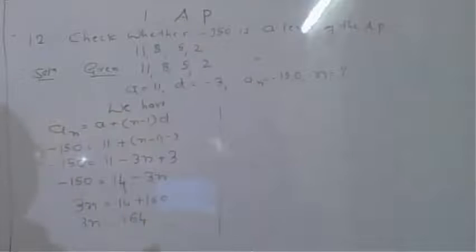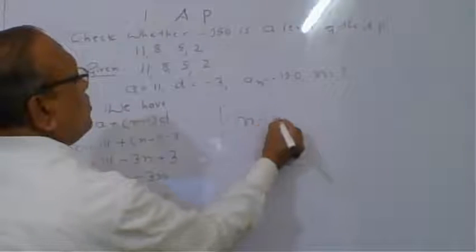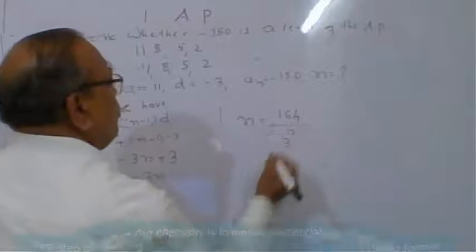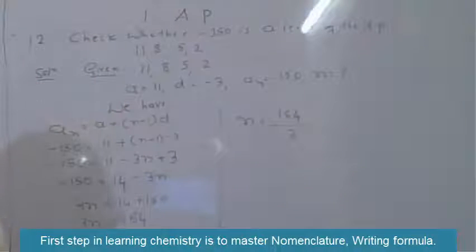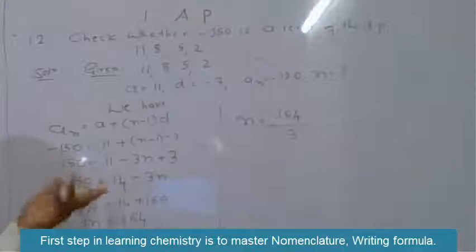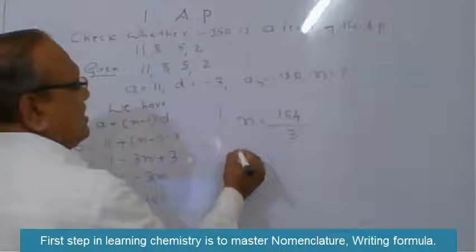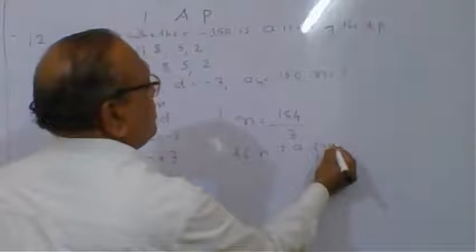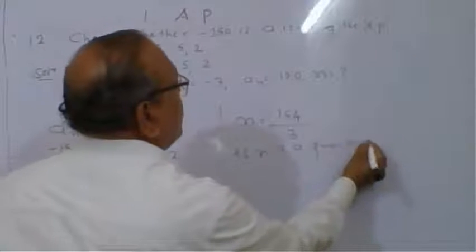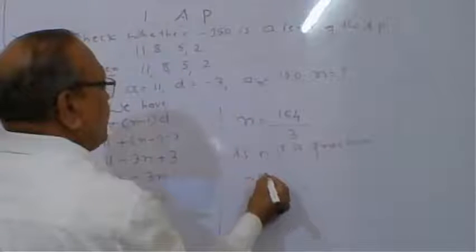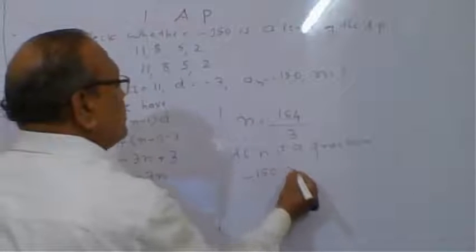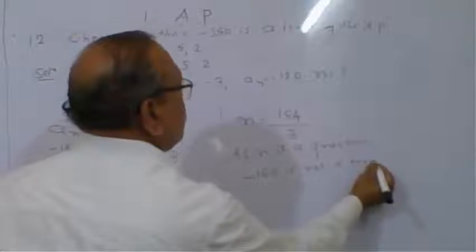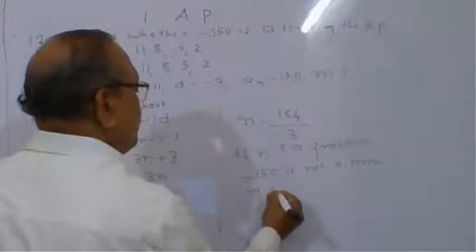Then n is equal to 164 divided by 3. Can you cancel and get a whole number? No, it is not divisible. Therefore, as n is a fraction, the conclusion is that minus 150 is not a term of the given AP.